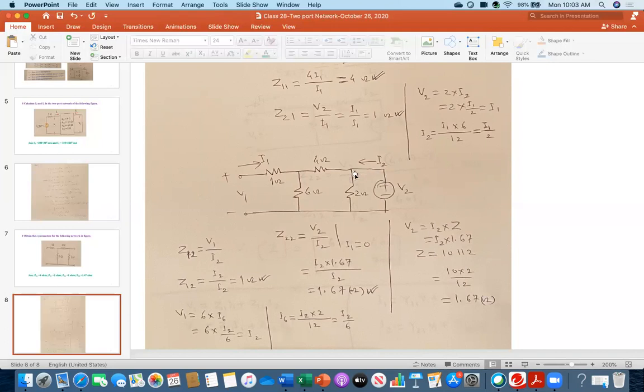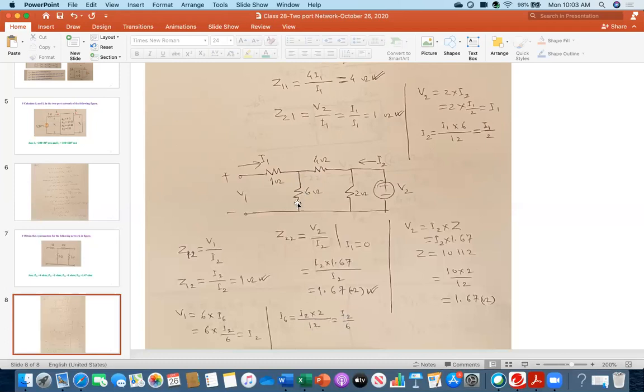Total current I2 is entering at this point, and something goes through 2, and the remaining goes through here. So I2 multiplied by 2 divided by 6 plus 4, 10, plus 2, which is 12. See the current divider rule. So I got I2 over 6.